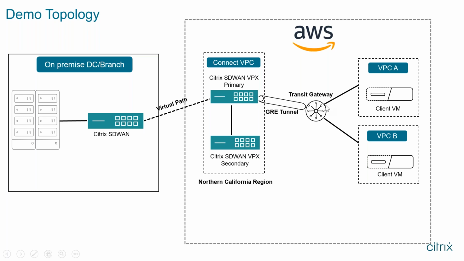These appliances are going to talk to a transit gateway component, and this is the piece that we will create automatically using the workflow defined in SD-WAN orchestrator. And behind this transit gateway, we have a couple of VPCs within which we have a couple of VMs, and towards the end of the demo video, we'll see if we are able to send traffic from these VMs to the SD-WAN appliance in AWS and back on to the on-premise DC.